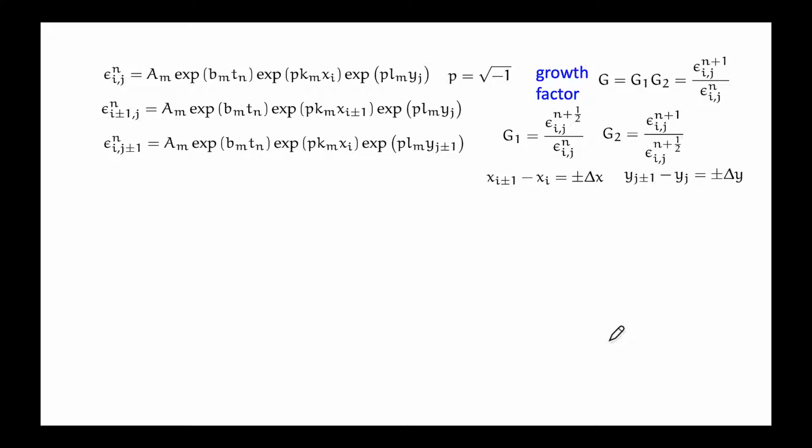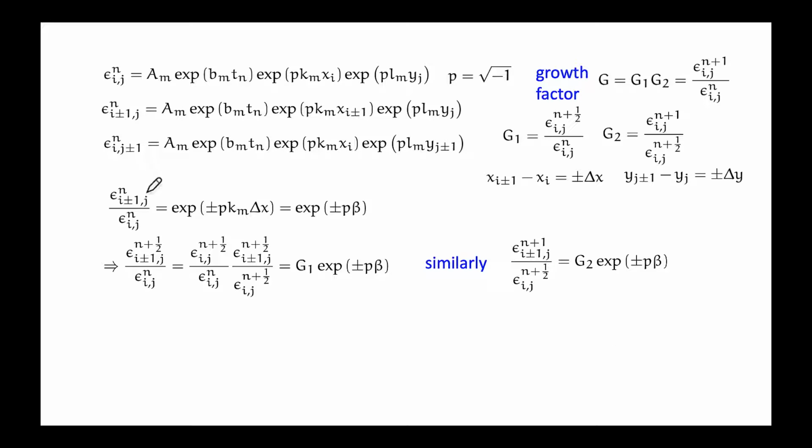Now, with this basic idea, we can check that epsilon_(i plus minus 1) divided by epsilon_ij^n gives us exponential plus minus i k_m delta x, which is the exponential plus minus i beta, where we are taking this k_m delta x as beta as always.